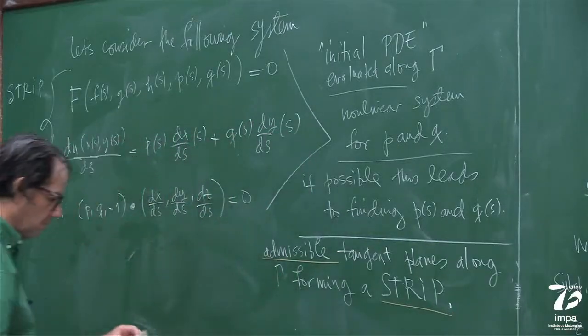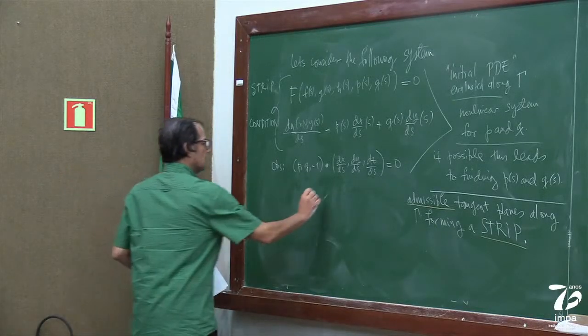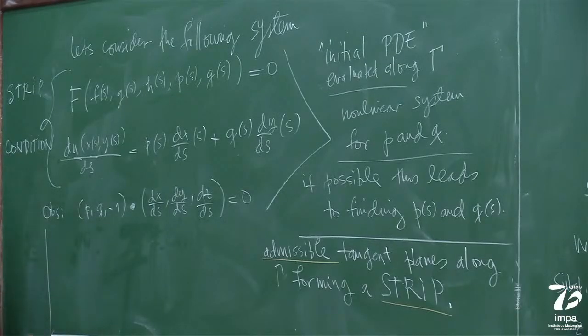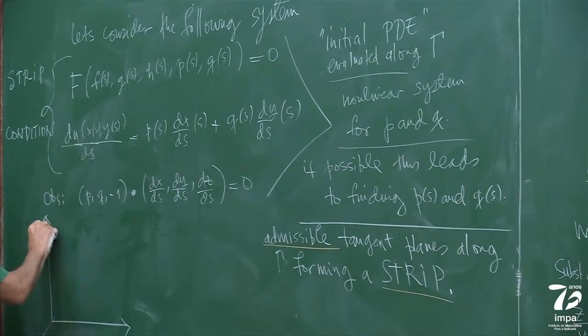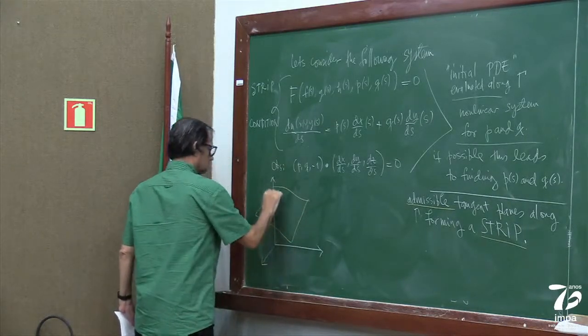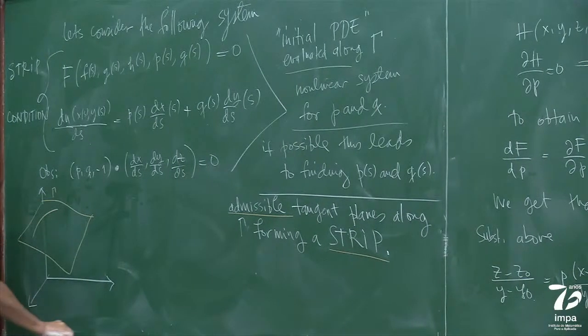Let me make a picture here. Maybe it's in the next page. No, it's not yet, but I'll make it here because it's good. Okay, so here's our integral surface. Here's our Cauchy curve.